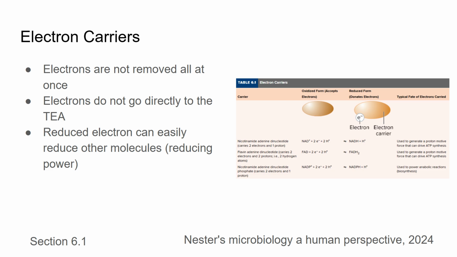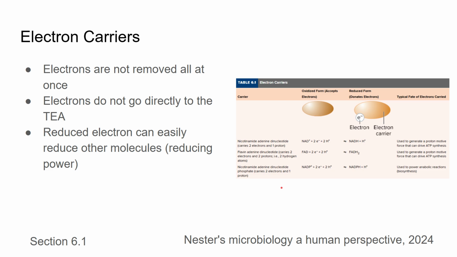Electron carriers are just these little molecules, maybe organic, I don't remember, that like to hold on to electrons, and they'll transfer them from one place to another. If they have an electron, they have the ability to reduce something else.